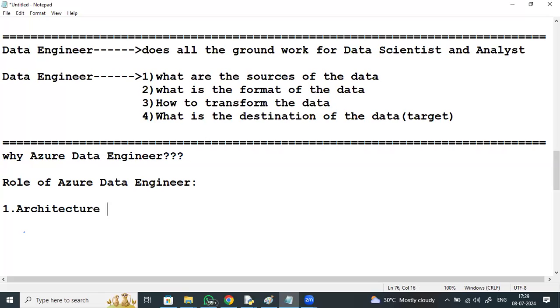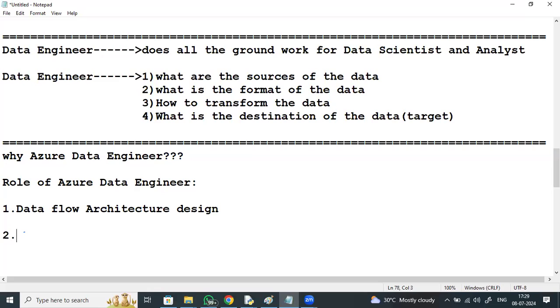Architecture design, data flow architecture design. The role of the Azure data engineer means data flow architecture design. Data engineers design the entire data flow architecture.